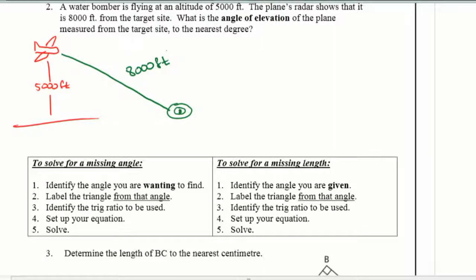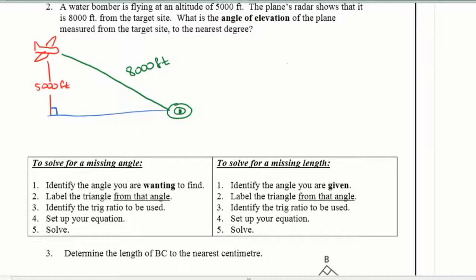So what I'm going to do is take the information that I know. It's 5,000 feet, 8,000 feet above the ground, and I can just make a little triangle out of this. Words that you'll hear, angle of elevation. Now, I've put it in bold here in the lesson, angle of elevation.